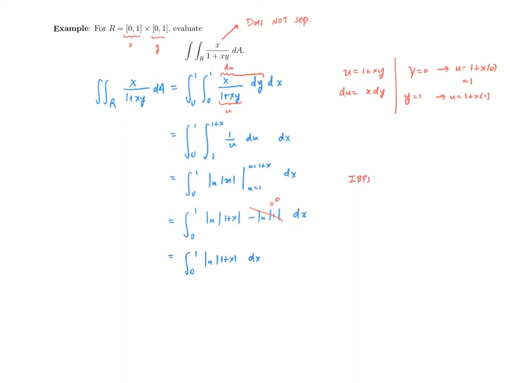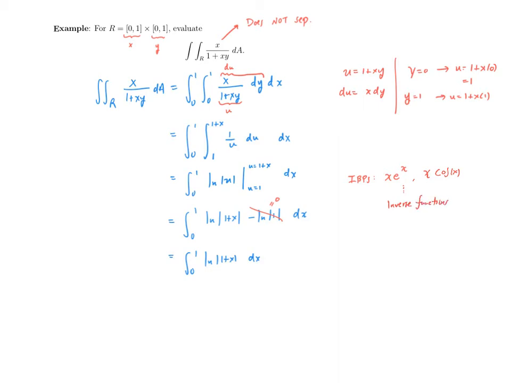Integration by parts works extremely well when you have certain types of functions you would like to integrate. It works well for a polynomial times an exponential. Note that could be x squared, it could be e to the 2x instead of an e to the 1x. It works really well when you have a polynomial times a trig function like cosine or sine. And it also works really well for inverse type functions.